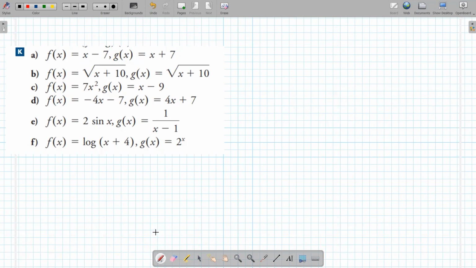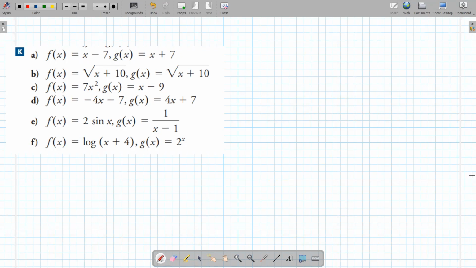Let's look at A. What's the domain of f and what's the domain of g? They're both linear functions, right? x minus 7, x plus 7.